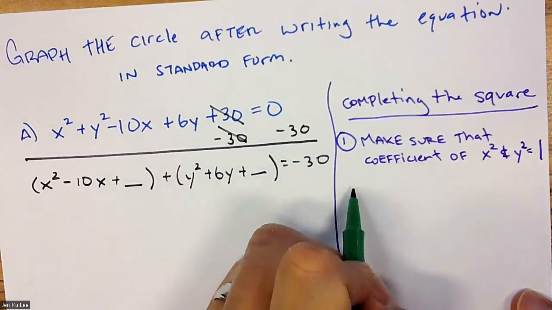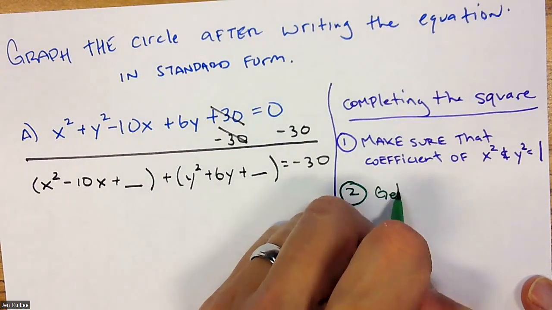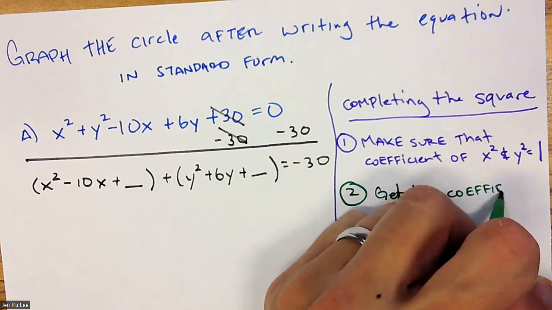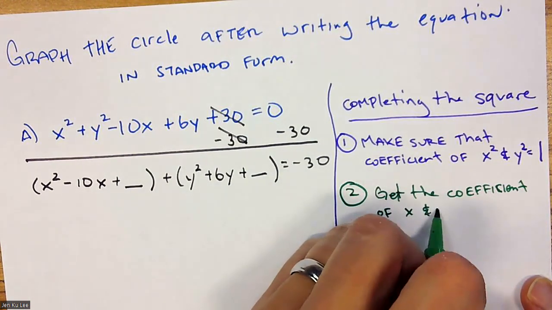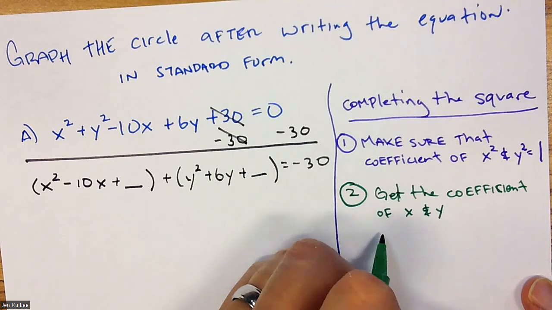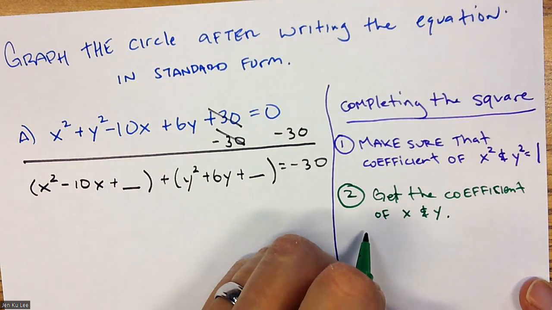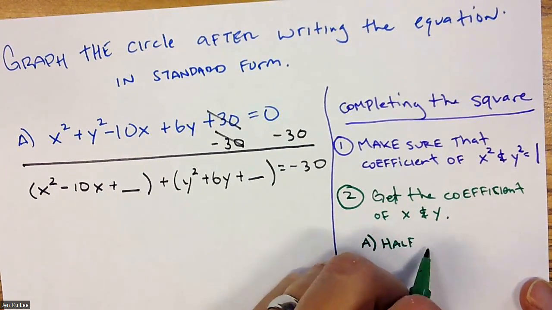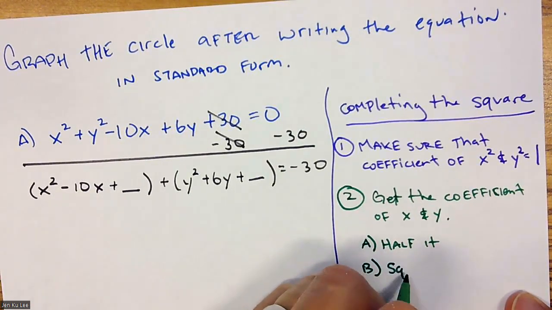My second step then is to get the coefficient of x and y, and separately you want to remember what we do with that? We half it and square it.